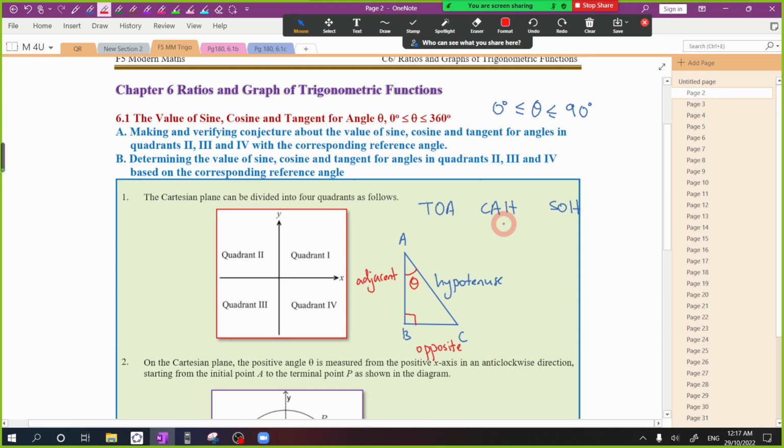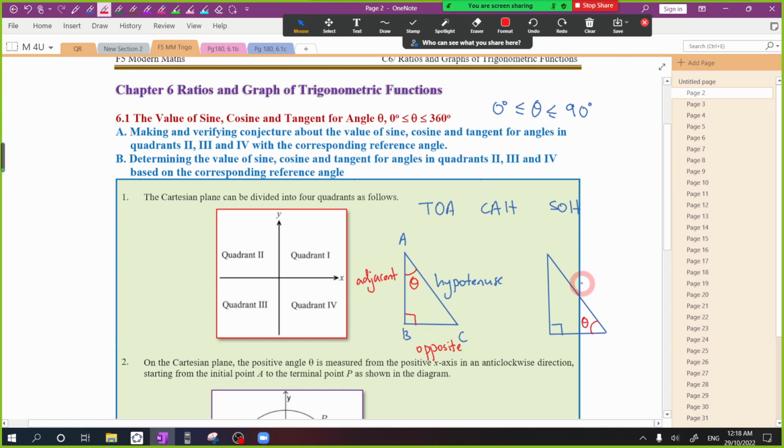Now, let me draw another right angle triangle for you. This time I will change the position of the theta. Okay, now I have another right angle triangle. This time, let me draw the theta over here.